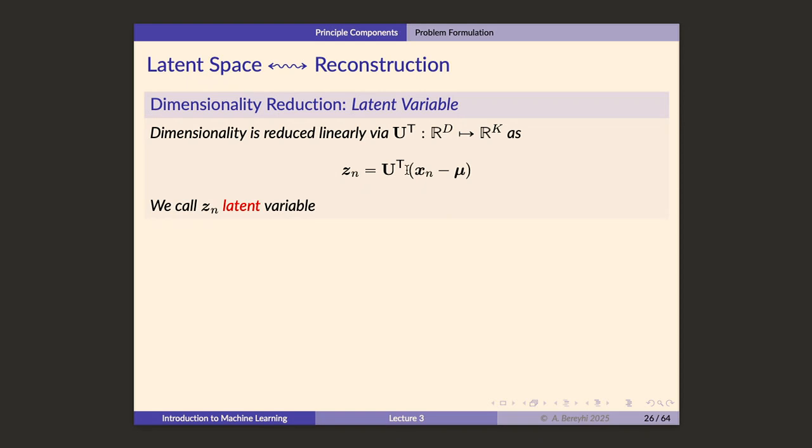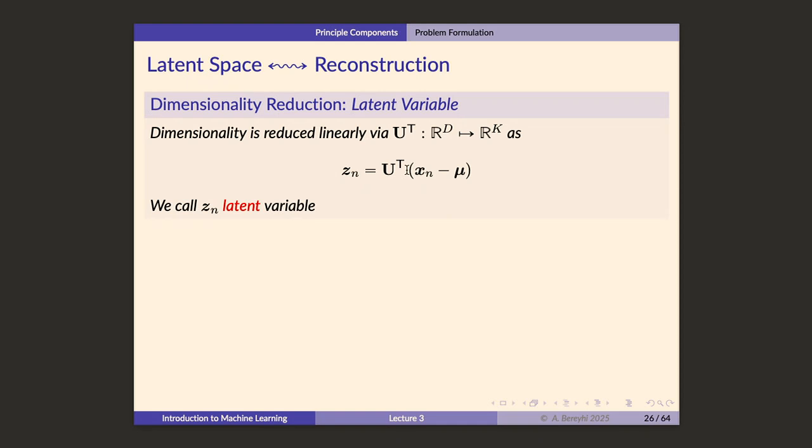We usually call this Z the latent variable. X is the original variable that you have, and the latent representation of that variable is Z, which is just reduced in dimension. Everybody's clear? This is dimensionality reduction.